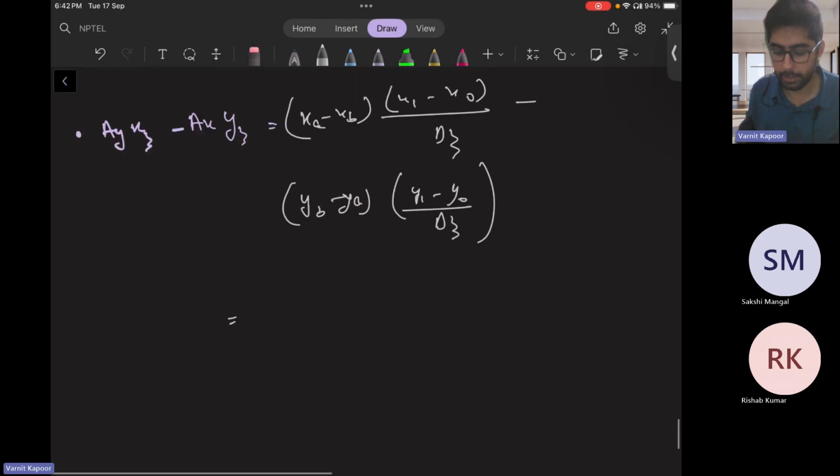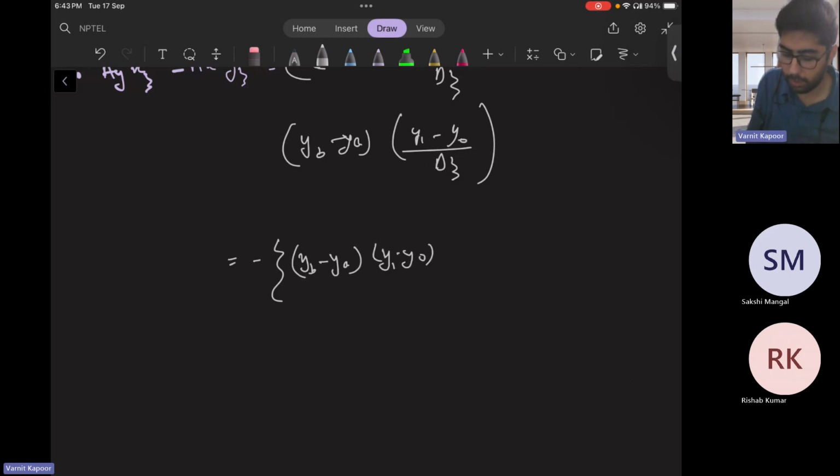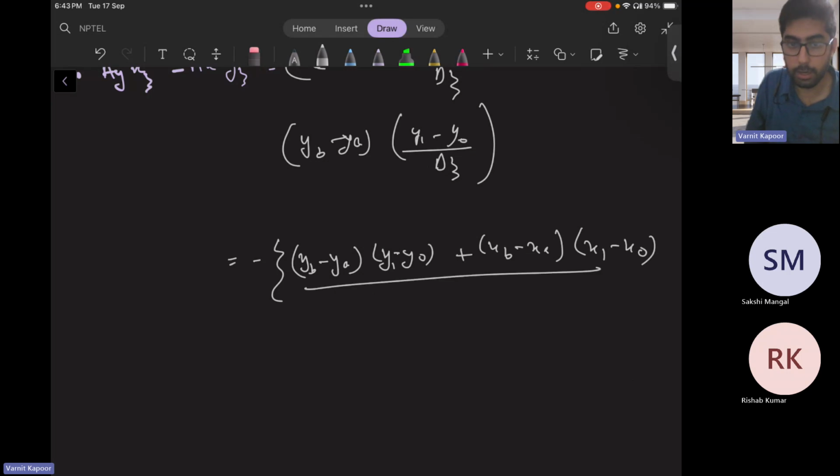All right, so this is nothing but, if you take the minus sign out, (yb minus ya) into (y1 minus y0) plus (xb minus xa) into (x1 minus x0) over del zeta.